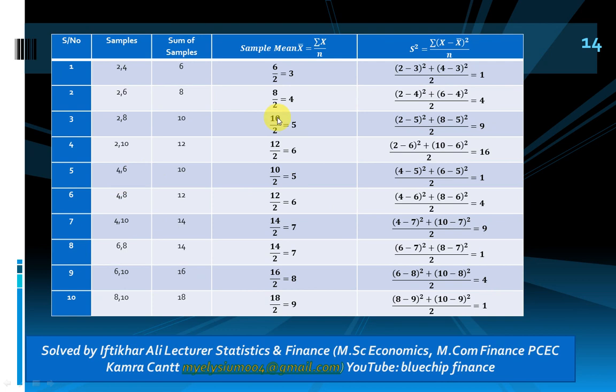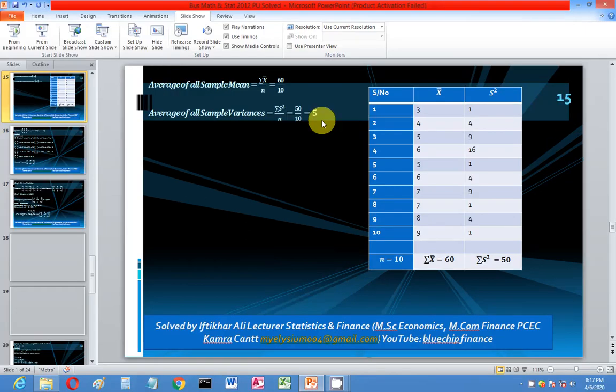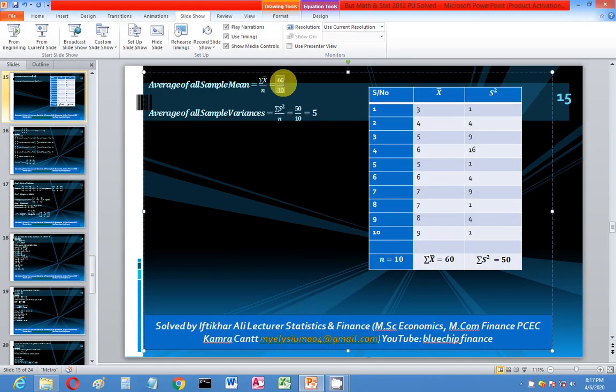So now we need to calculate the average for these two results, for means and for variance. It is very simple. These are x bar for you. The sum of x bar will be 60, so sum of x bar divided by n will be 60 by 10, which equals 6. And similarly, we can calculate the mean for variance.